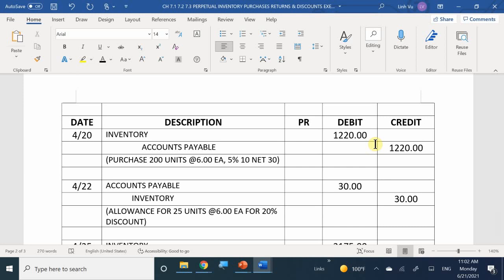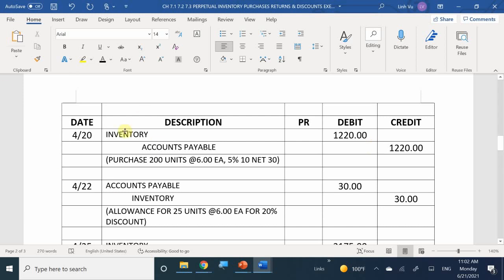That is the amount that I can actually discount. So in this case, what is 5% of 1170? 58.50. 58.50, okay?